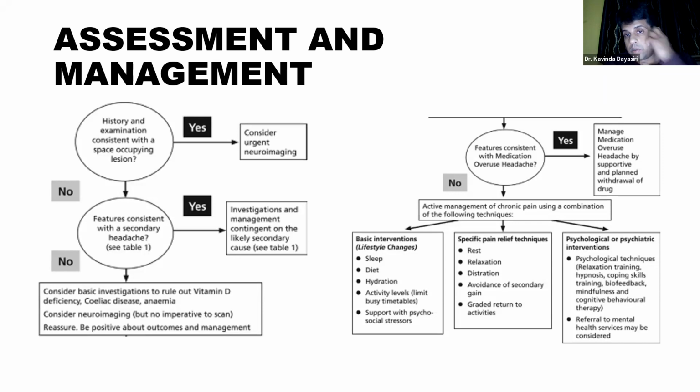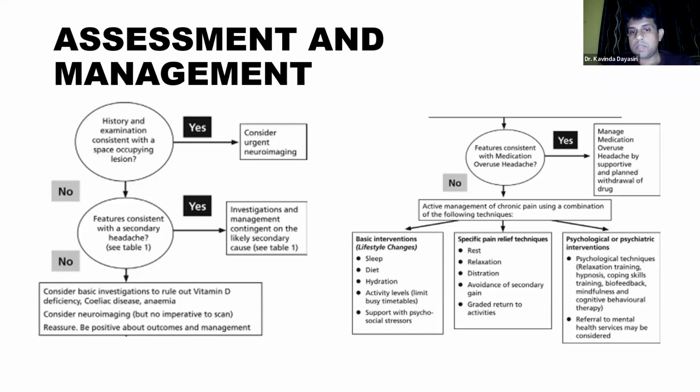Also, once you are left with chronic primary persistent headache, look at medication overuse headache, and if it's the reason, then try to treat that. And once you have ruled out all of these conditions, space-occupying lesions, medically treatable conditions, secondary headaches, and medication overuse syndromes, then you are left with chronic primary headaches, mainly tension type headache and migraine headache.